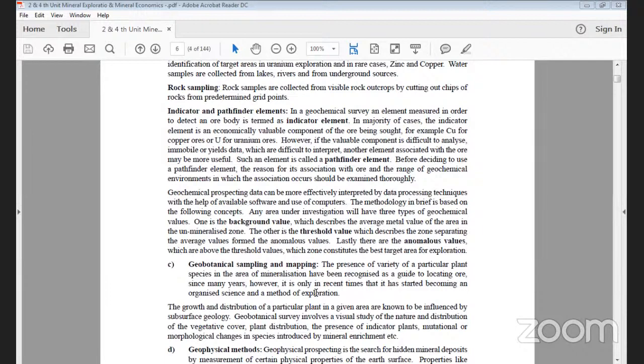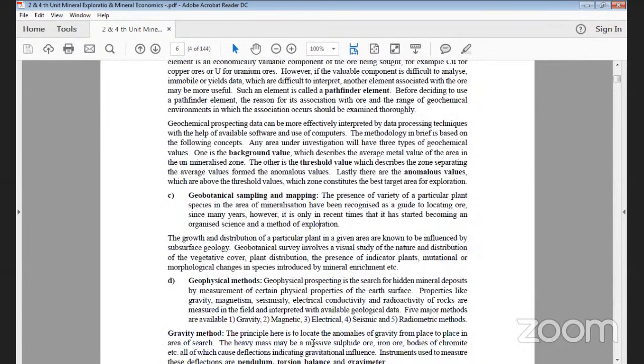So next is geobotanical sampling. In geobotanical sampling and mapping, we particularly collect samples of plant species in the mineralization zone. The sample may be bark material or root material, plant leaves or plant stems.